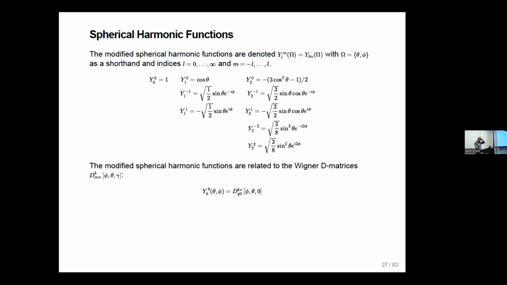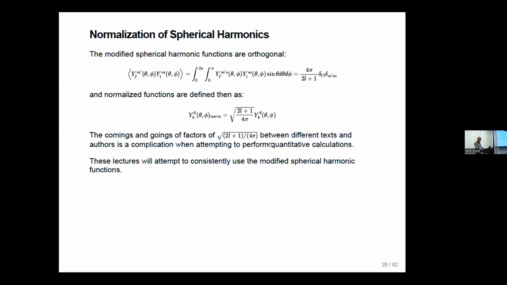The spherical harmonics that we need most often in solution NMR are the spherical harmonics of order 0, 1, and 2. These are really what come up if we're talking about CSA or dipole interactions in solution. But there's normalization issues.